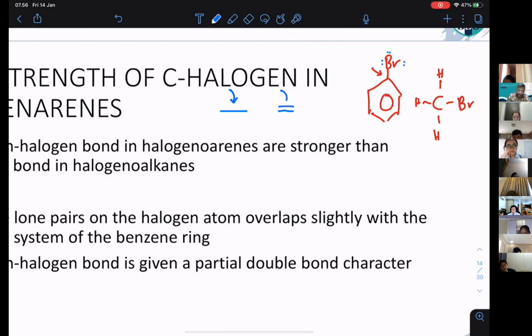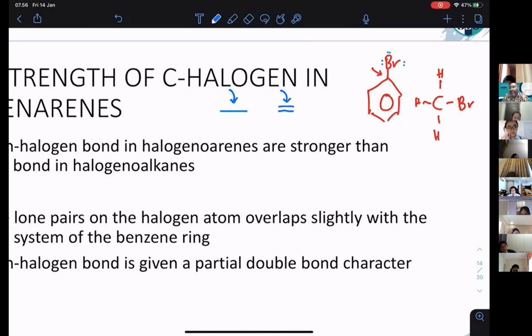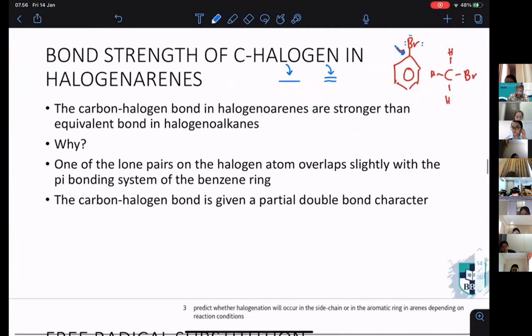But if you try to break the plywood over here, most probably only your hands might be broken. So it's telling you that the shorter bond, stacked together, is difficult to be broken. You require more bond energy to break this bond. So that explains why they are stronger.